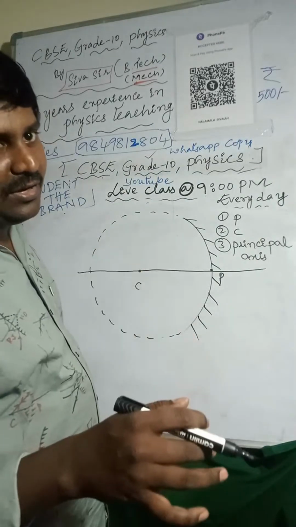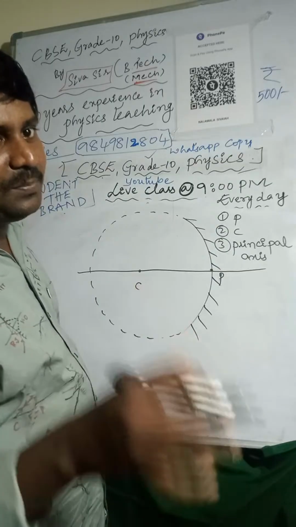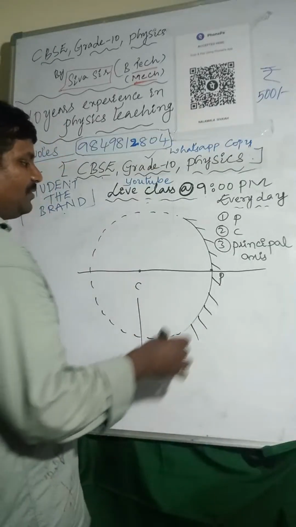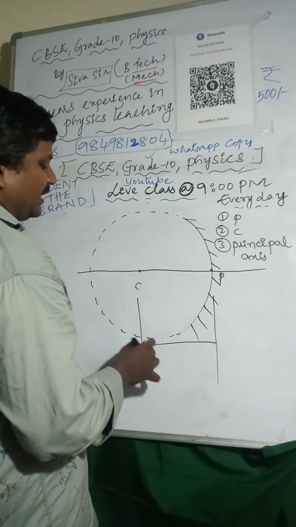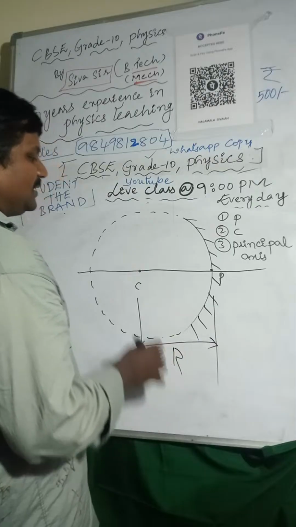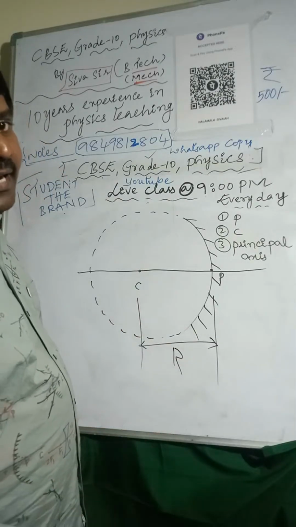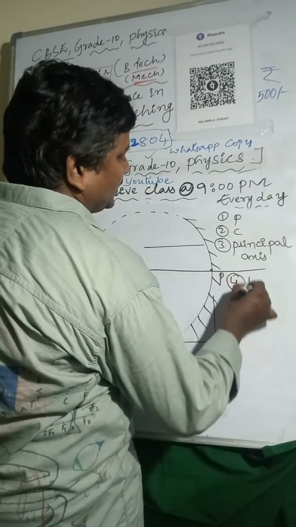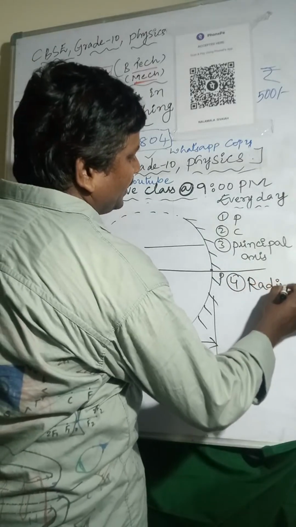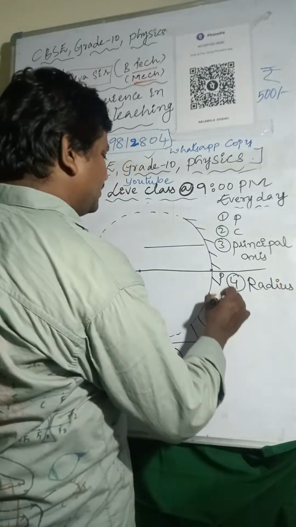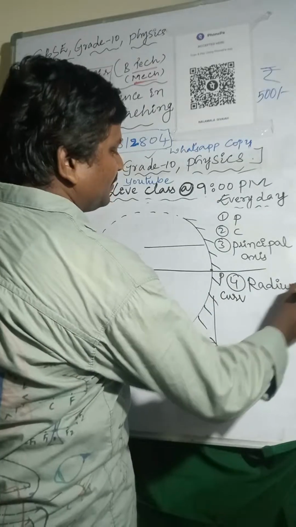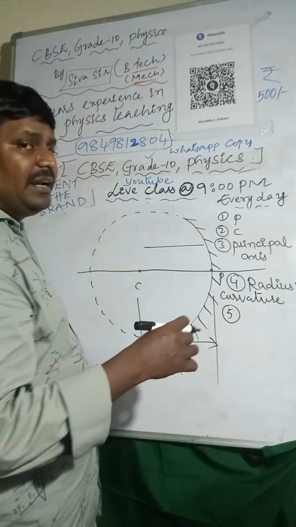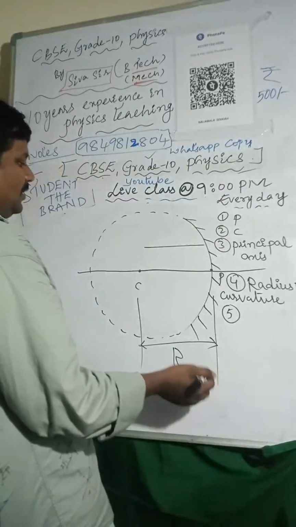The distance between the center of curvature and pole is called radius of curvature.